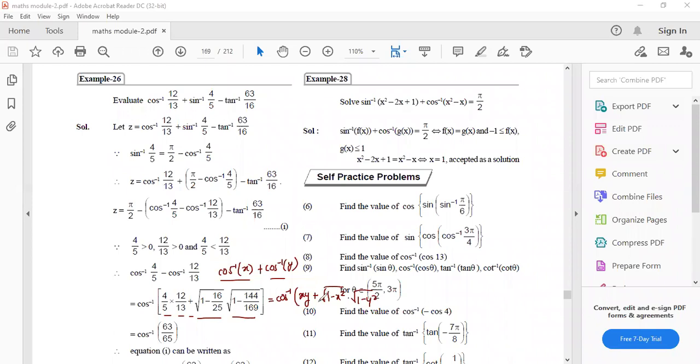And if this is plus, this will be minus. If this is minus, this is going to be plus. I guess they have given this. We'll just check it once.